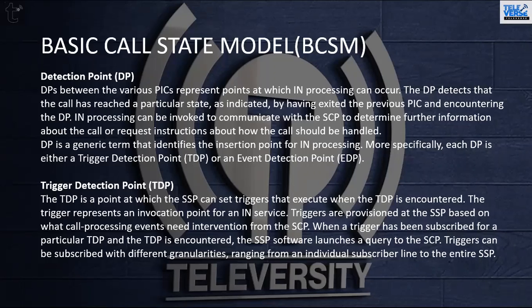Like I told you, the intelligence has been taken from the MSC. The IN is now a centralized database node sitting somewhere. If the MSC was originally doing the service logic by itself and it has now been taken away, then it has to contact the IN somewhere. The contacting of the IN is what we call the trigger detection.